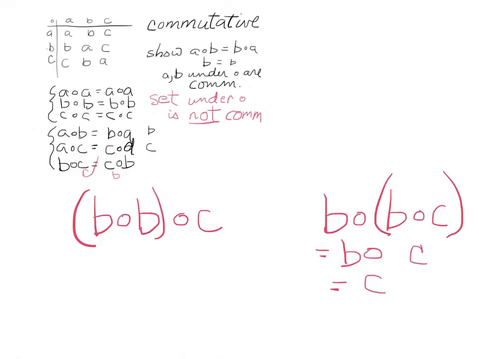So let's go B operated on B, and we can see that that is A. Alright, so this is A, and then I get A operated on C, and that is actually C. Do you see that in the diagram?